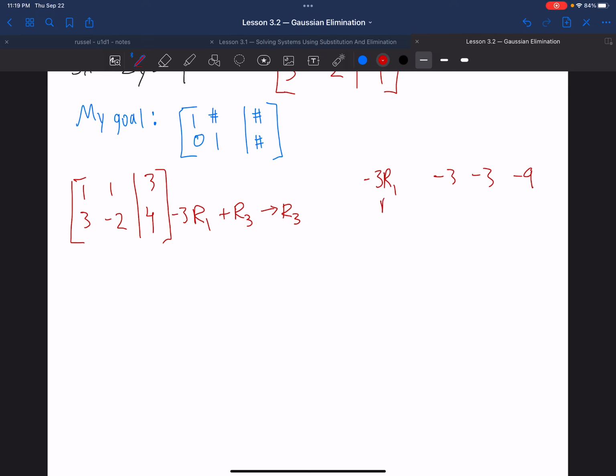The bottom row is row 2, which is 3, -2, and 4. I am going to add this. So 3 and -3 cancel to become 0. -3 plus -2 is -5. And -9 plus 4 is -5. So this result is what replaces row 2.